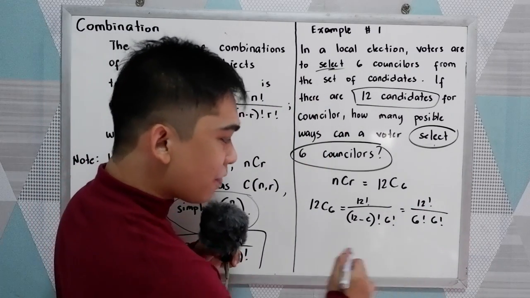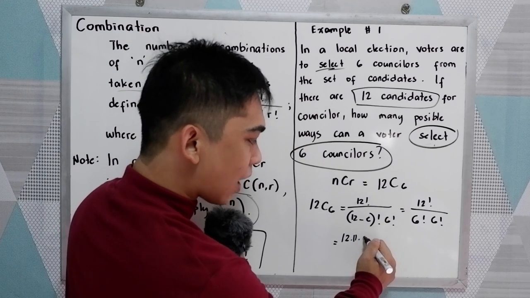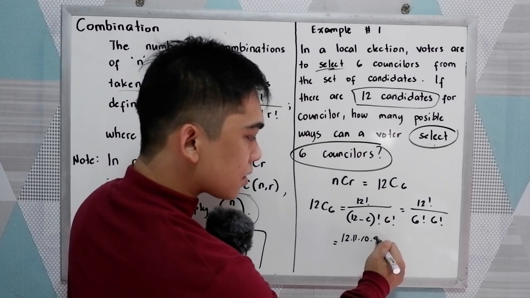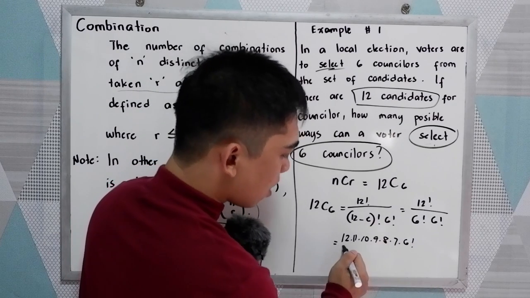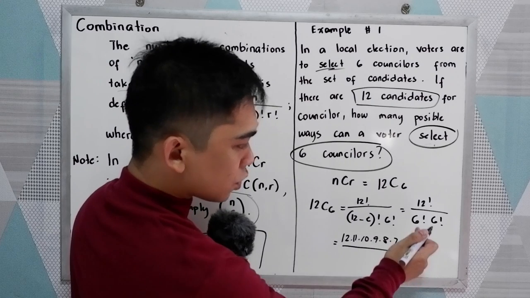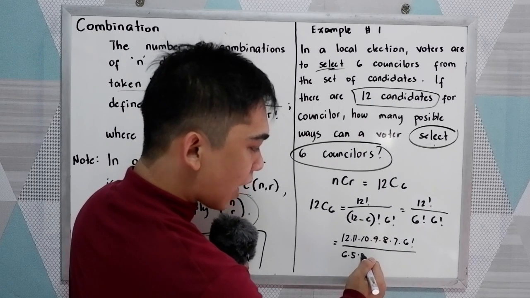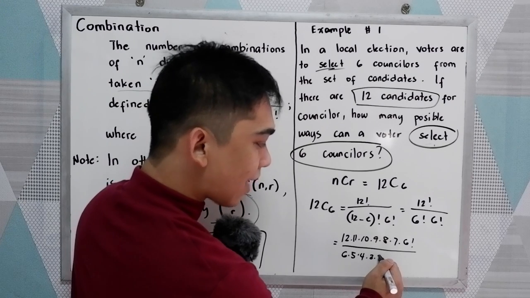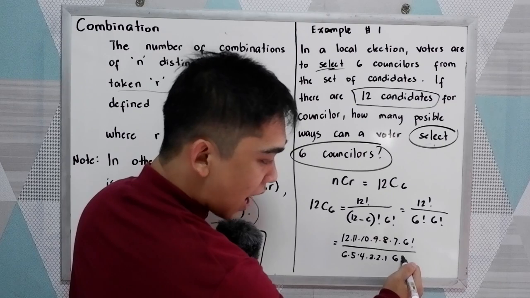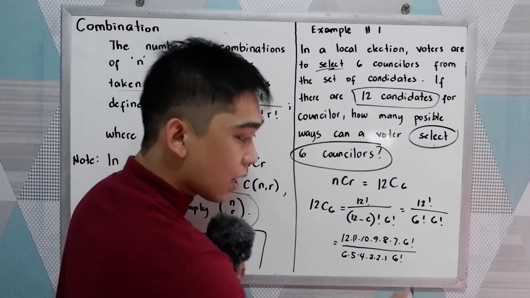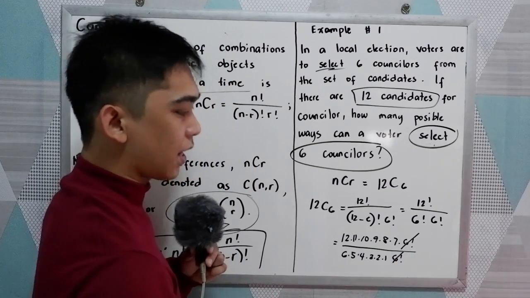If you are going to expand 12 factorial, that is 12 times 11 times 10 times 9 times 8 times 7 times 6 factorial, all over 6 factorial here, that is 6 times 5 times 4 times 3 times 2 times 1, and 6 factorial. So I just write 6 factorial. Then we can now cancel 6 factorial and 6 factorial.